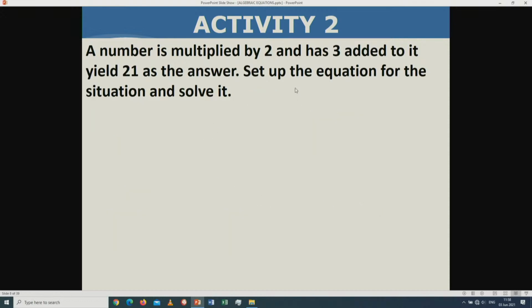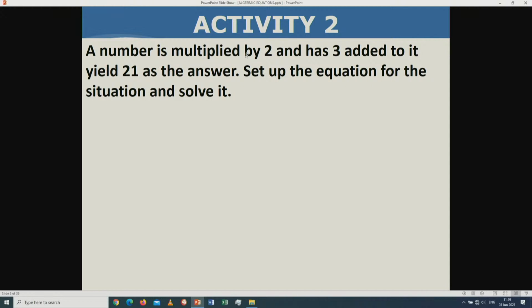Right, the next activity: a number is multiplied by 2 and has 3 added to it. Yield 21 as the answer. That means we have a number that we don't know.